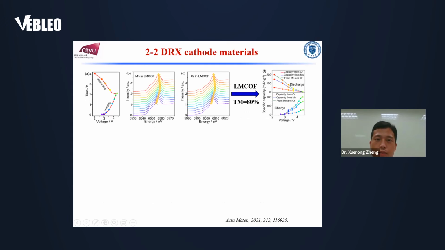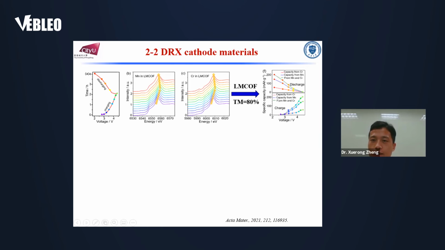We can observe that when charging, both the chromium and the manganese are oxidized, and when discharging, both of them are reduced simultaneously. Then we determine the K-edge position, calculate the valence states, and then calculate the capacity contribution from the transition metals and also the oxygen.